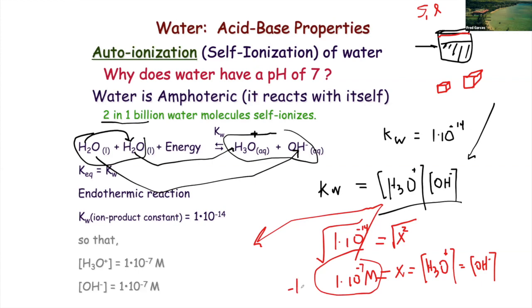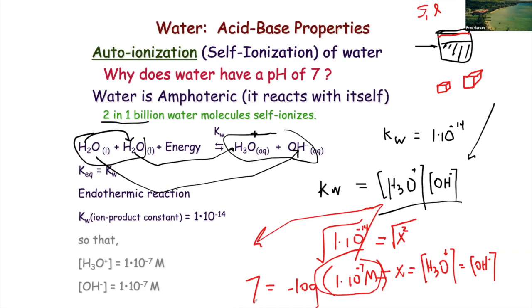Let's take the negative log of 1 times 10 to the minus 7. And if you take the negative log of 1 times 10 to the minus 7, guess what your answer will be? It will be 7. That's where we get the value of 7 for the pH of water.